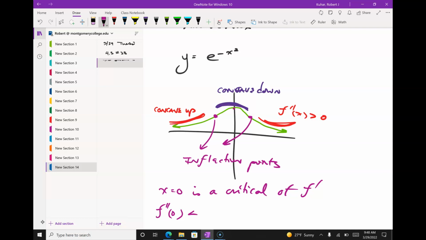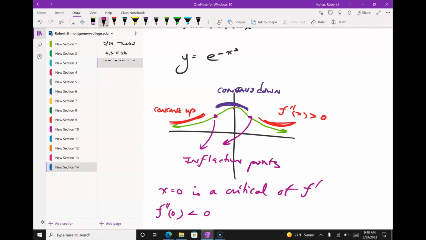At 0, I'm at this point. What's the concavity there? Down, so it's negative. So if you think about it, where do I have to be? At the top of a hill. If it's concave down, on top has got to be a max. So if my second derivative at a critical value of the first is negative, then I could have a possible local max.